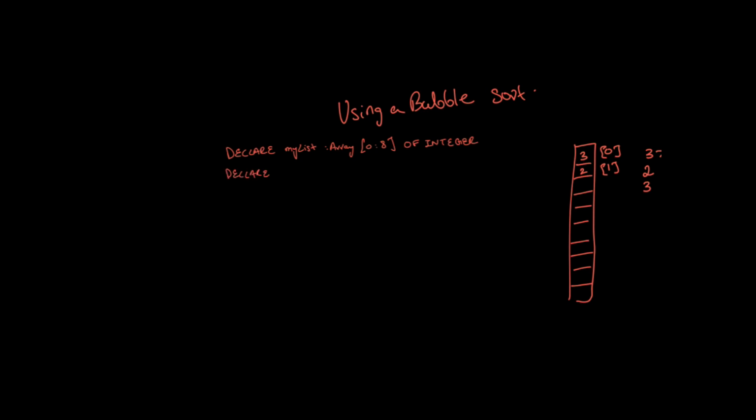I'm going to declare upper bound, lower bound of integer, and I'm going to declare the index, which is going to help us keep track of our looping. So declare index, and this is going to be an integer as well.